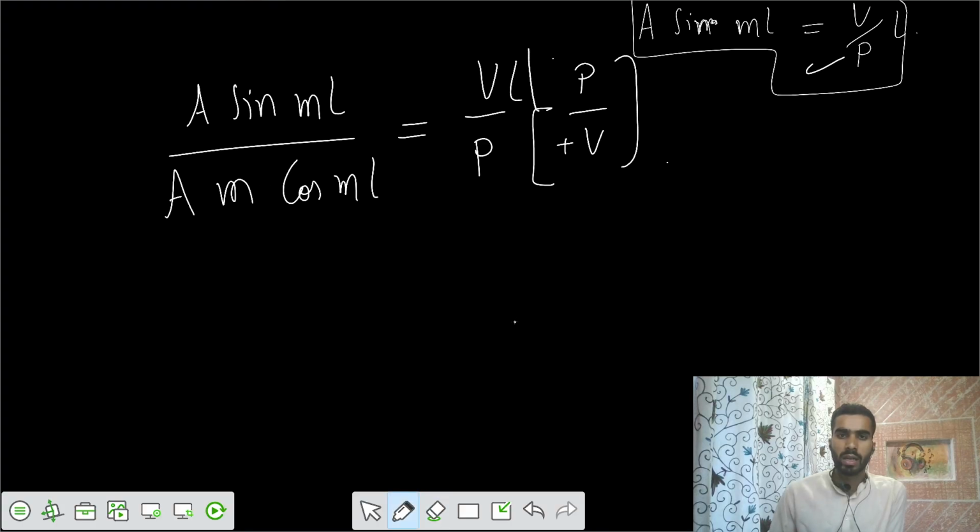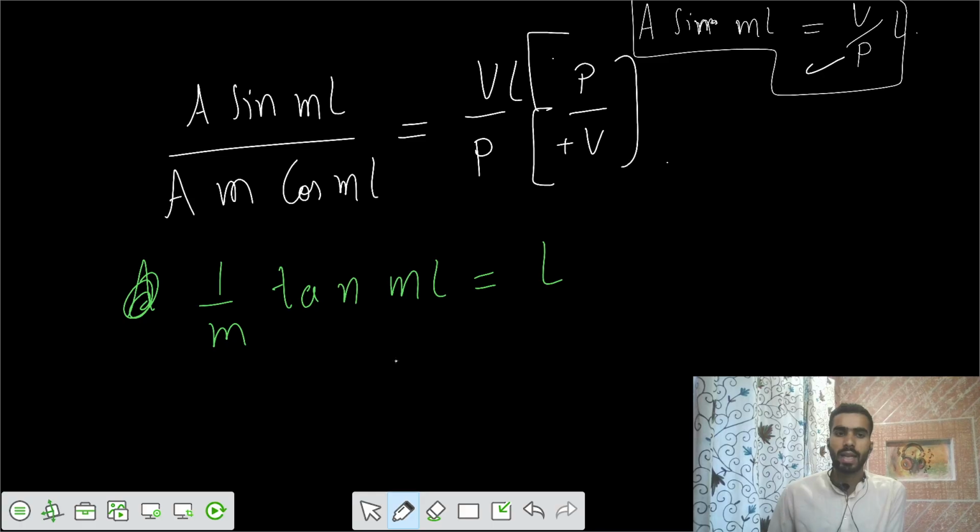Finally I would say we got some function of tan. So I would write 1 by m and tan of ml is equal to some value of that, that is L. So finally I write tan of ml equals ml. So I got this final equation now.